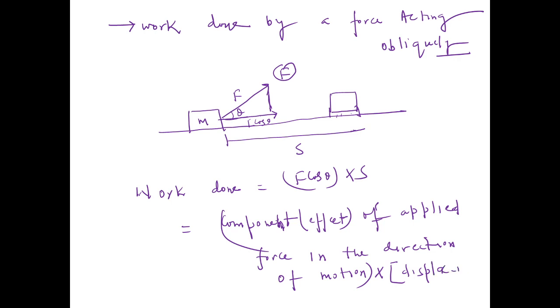Displacement. Okay, now I am also going to explain some more things. Nature of work. I have already stated earlier that work can be positive, can be negative, and can be what?